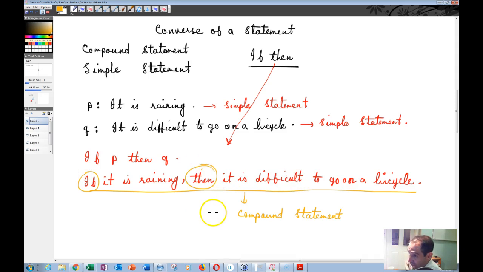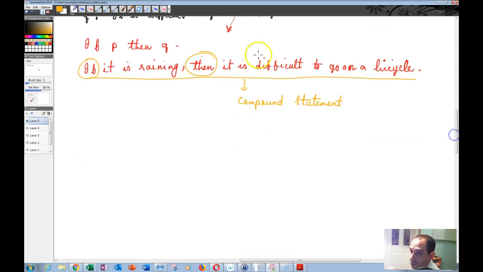Now what we want to do is create the converse of this compound statement.